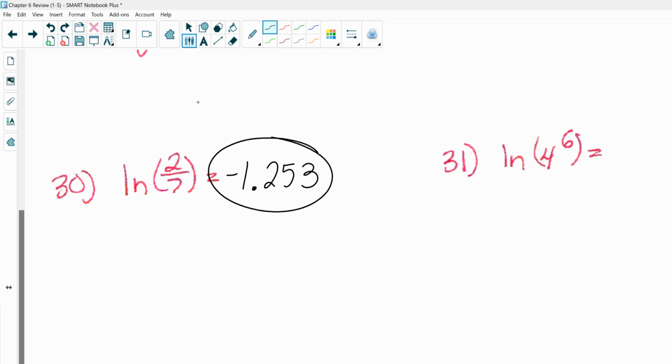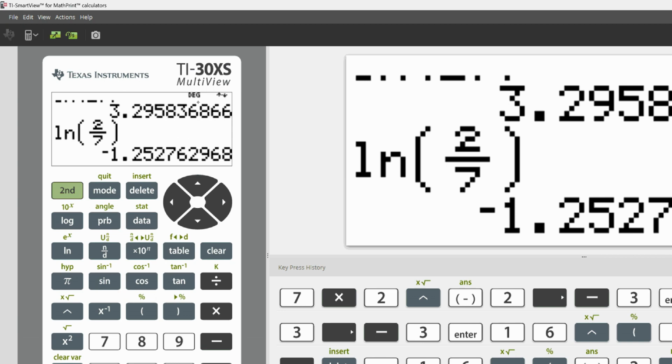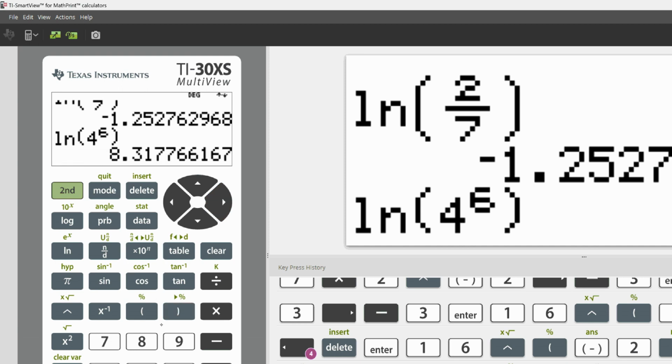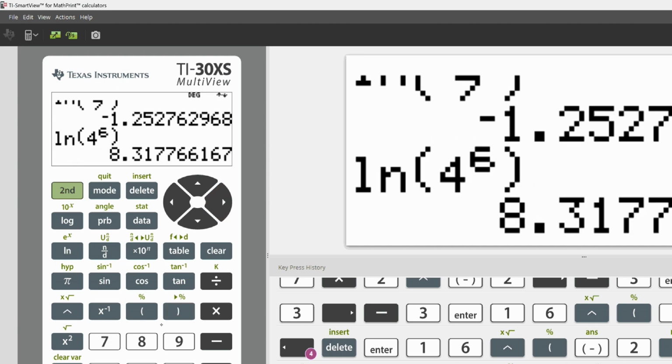Last one, natural log of 4 to the 6th. Especially with these, I would type them in exactly as you see them, exactly as they show up on the test. Type them in exactly the way they are. Here, 8.318.